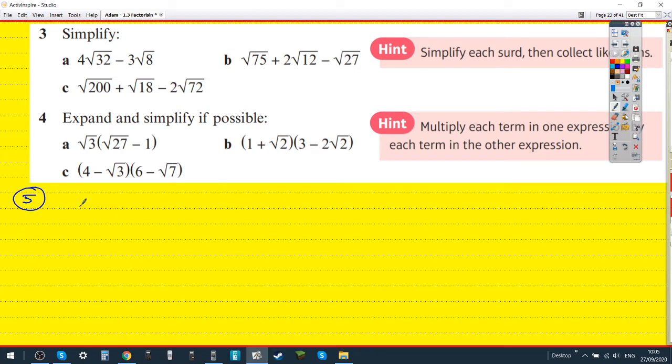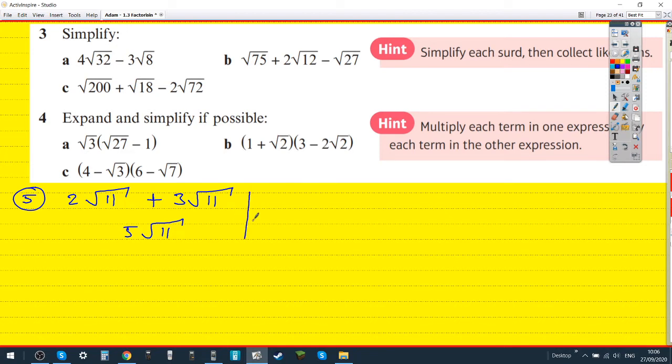What is 2 root 11 plus 3 root 11? Five root 11. Correct. 5 root 11. Okay, fine.